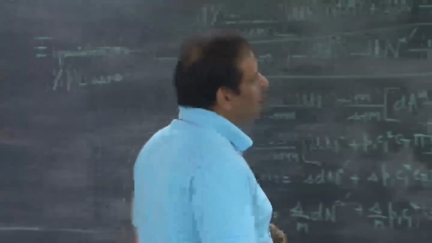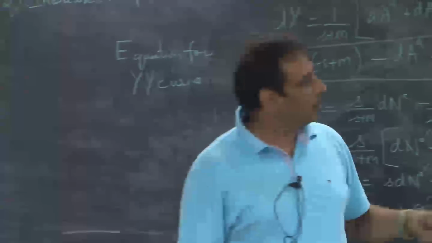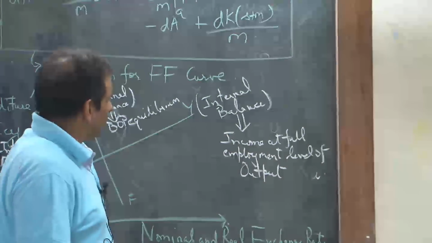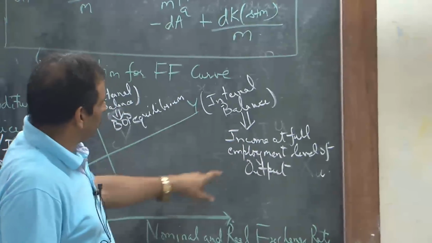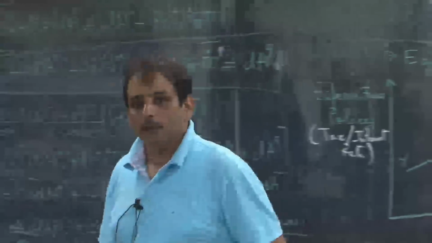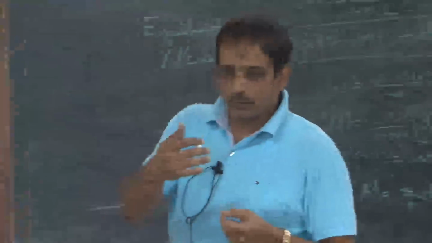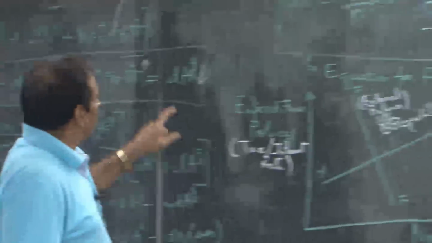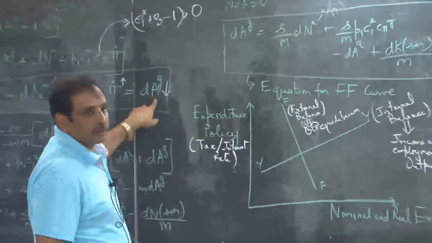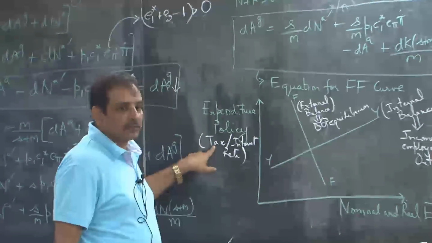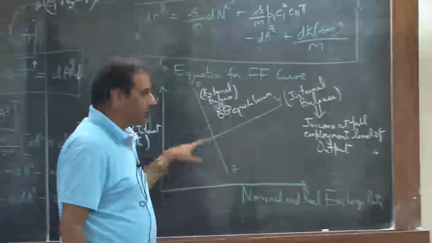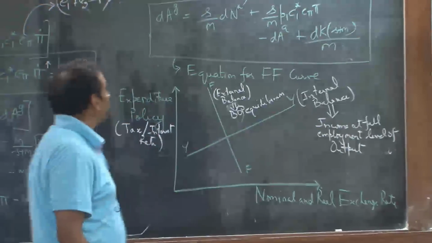Now when the incomes go up, it goes beyond the income which corresponds to the full employment level of output. So the only way to bring it back to equilibrium is through reducing the policy induced expenditures or by raising the tax rates or interest rates. That's why you see an upward sloping YY curve.